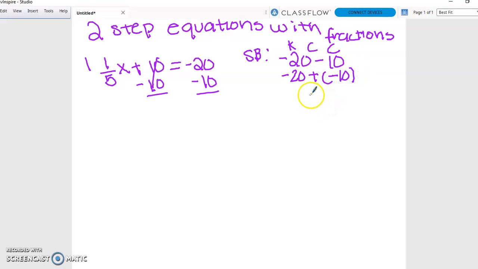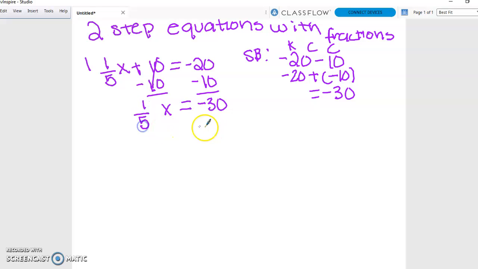All right. So now we have negative 20 plus negative 10. And when adding integers and the signs are the same, we add. All right. So this gives us a negative 30. Excuse me, we add and keep the sign. So now we have equals negative 30. Yes, those same rules apply.